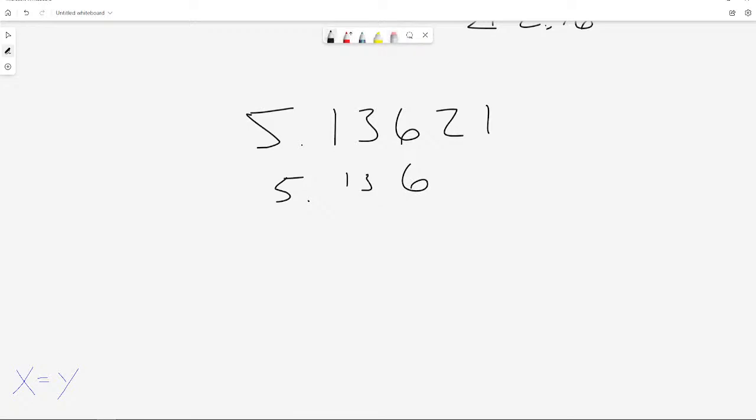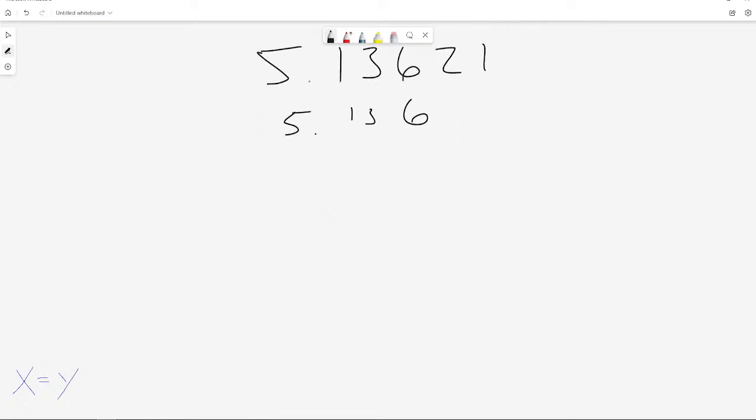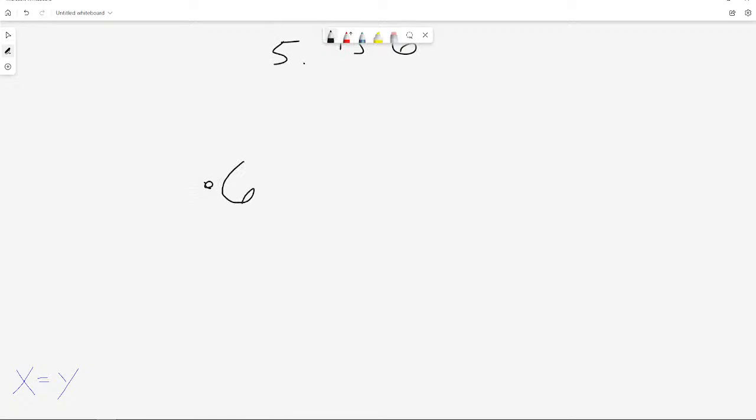Anyway, let's see what the book says. So when we're rounding off, here are the main rules. If this is your decimal, and you have 6, 4, 9, I'm just going to draw a bunch of random numbers, and you want to round to the tenths place. Here's the tenths place.